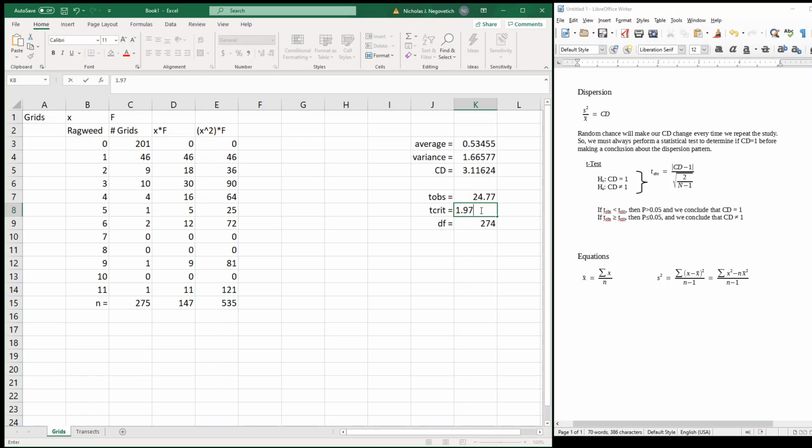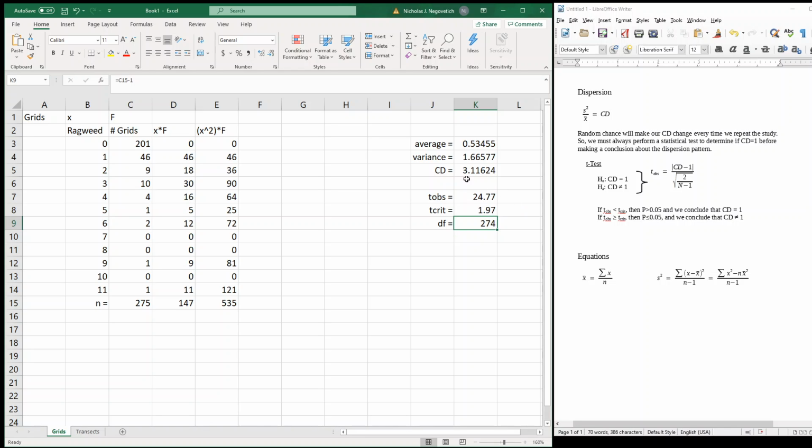So 1.97. And now once we have our t-observed and our t-critical, we make this comparison. Is t-observed less than or greater than our t-critical? It's greater. It's much, much greater. So our t-observed is greater than the t-critical, which means our p-value is going to be really, really small. It's very unlikely that we would ever obtain a coefficient of dispersion that's 3 or higher just by chance alone if the ragweed were actually randomly distributed.